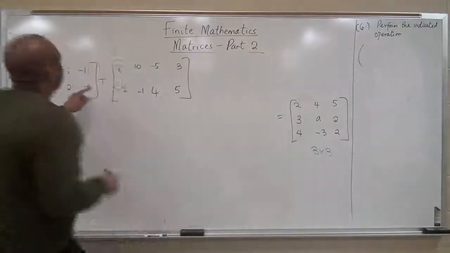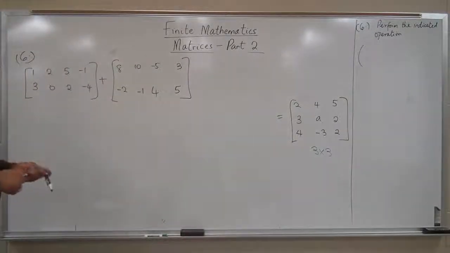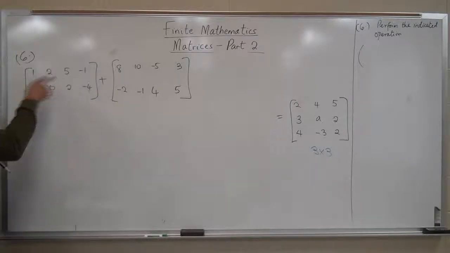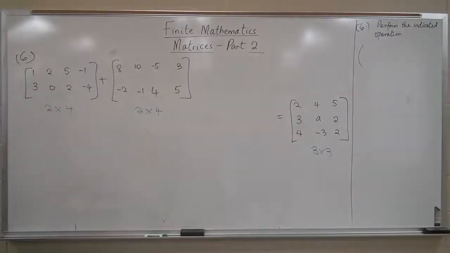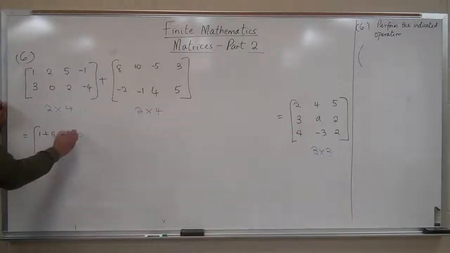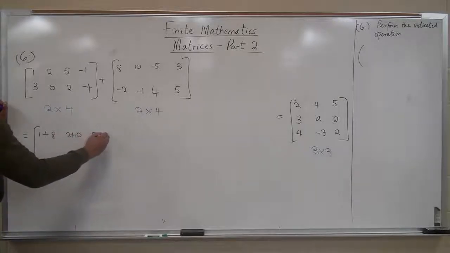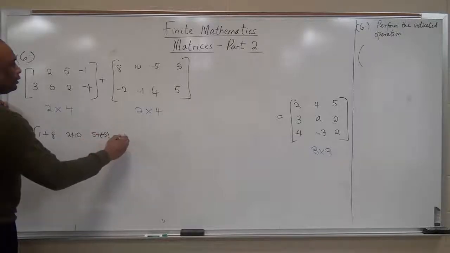Okay, so this is the question, you want to add it. So this is 2 by 4, and this is 2 by 4. So they are the same size. So the addition will now be 1 plus 8, 2 plus 10, 5 plus minus 5, minus 1 plus 3.